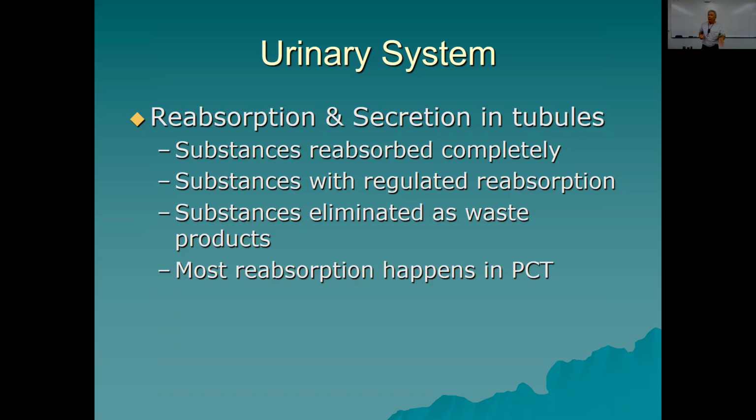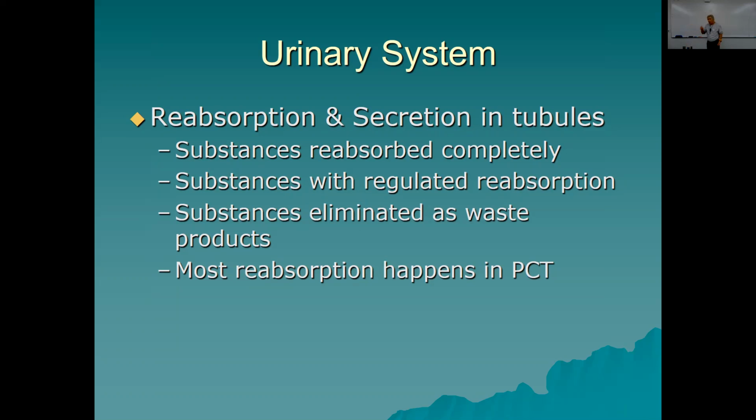What the kidney does regulate is things that it partially reabsorbs or partially secretes. So there ends up being a variable amount of these things in the urine. That means the kidney regulates them. There is no glucose, no amino acid or protein in urine, therefore the kidneys don't regulate those.